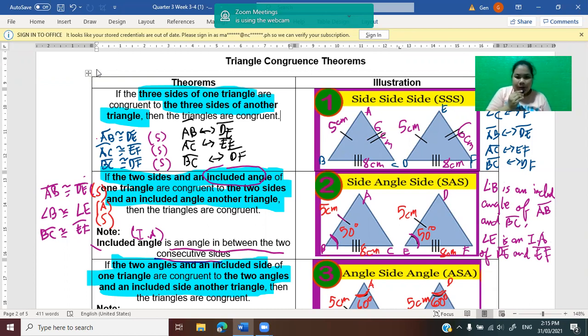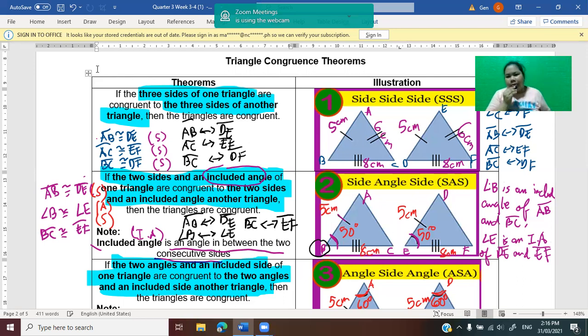So here, in the second one, we have AB corresponds to what? This AB corresponds to DE also. What else? Angle B to angle E. Ito, angle B. Angle B corresponds to angle E. And BC corresponds to EF.